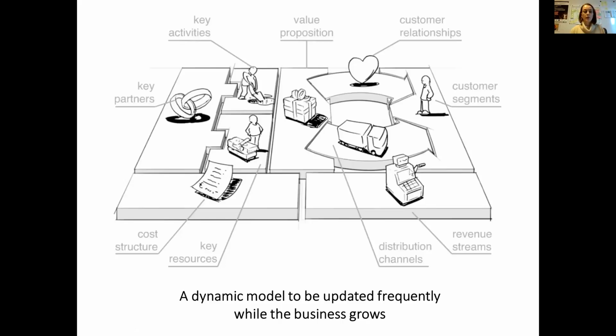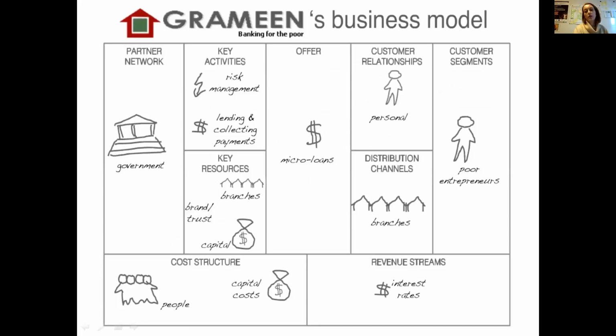And before ending my session, I wanted to show you another good example business model. This is Grameen, a banking initiative established in Bangladesh in the 1970s by Muhammad Yunus, who also won a Nobel Peace Prize in 2006 for creation of this model.